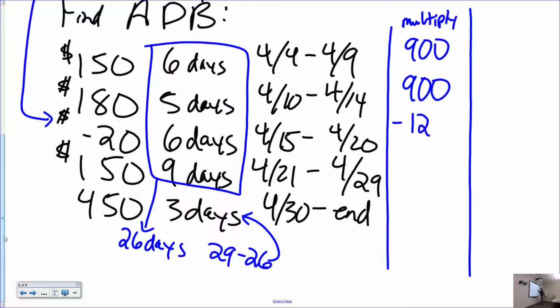That'd be actually negative 120. Yeah, literally negative 120. It is okay. There's nothing wrong with it. Just make sure that you add a negative correctly, i.e. subtract. What's 9 days at 150? And then last but not least, 3 days at 450. 1350 again. I love it when numbers work like that.